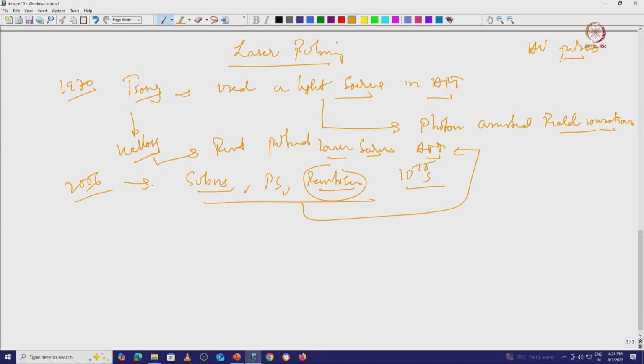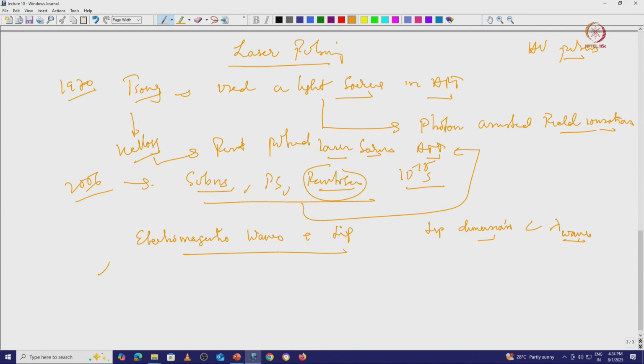Usually on the sample there will be interaction of the electromagnetic wave from the laser and the tip, and usually the tip dimension is less than the wavelength of the wave.